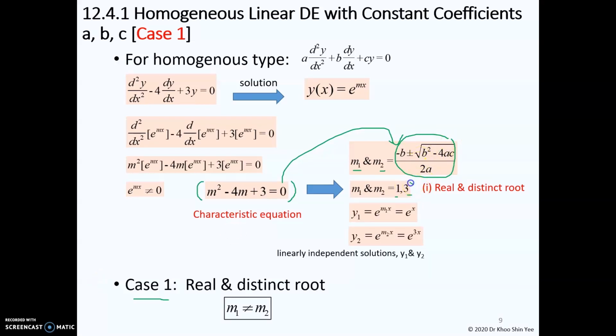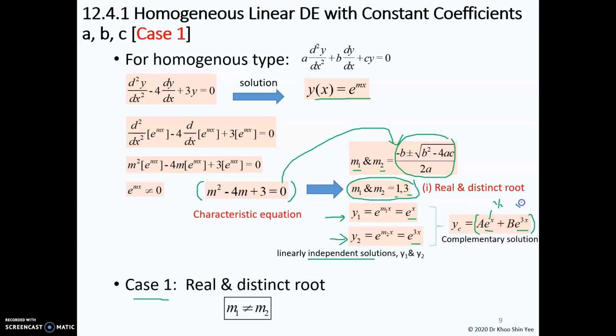With that, we can continue to substitute m1 and m2 inside the solution here in order to obtain y1 and y2, where m1 is equal to 1 and m2 is equal to 3. In this case, y1 and y2 are linearly independent solutions. Therefore, we can use the superposition principle to combine the solution for y1 and y2 in this linear combination.